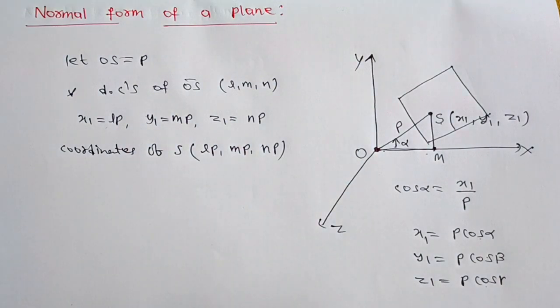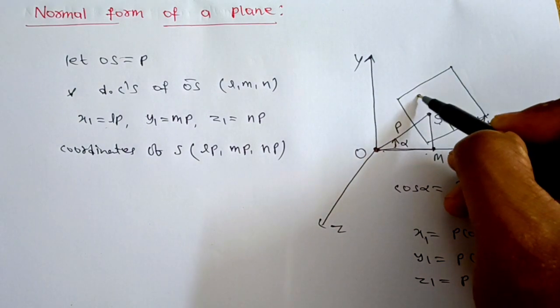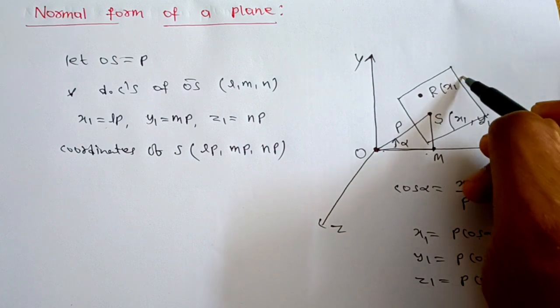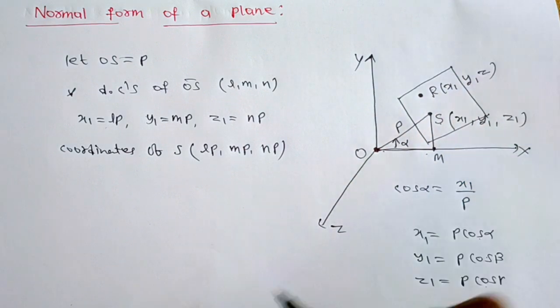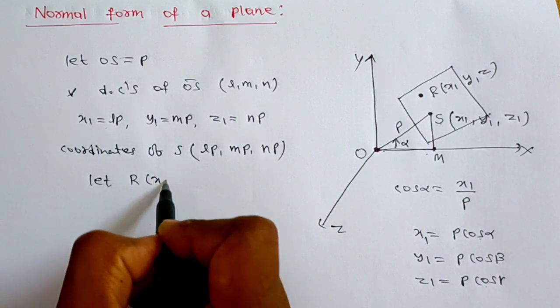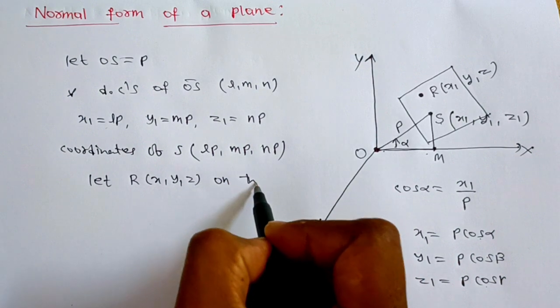Now we can consider any point on the plane. For example, this is any point, some R. We can consider this point as x, y, z. So let R be any point, that is x, y, z, on the plane.